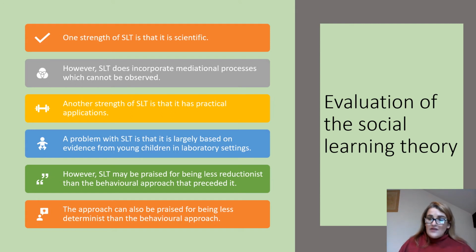Okay, the next one there, can you put a P next to this? However, the social learning theory doesn't incorporate mediational processes which can be observed. So for example, my son practising keepy uppies, I can't observe what's going on inside his mind when this is occurring. So if you put an E, this means that factors like attention and motivation have to be inferred.